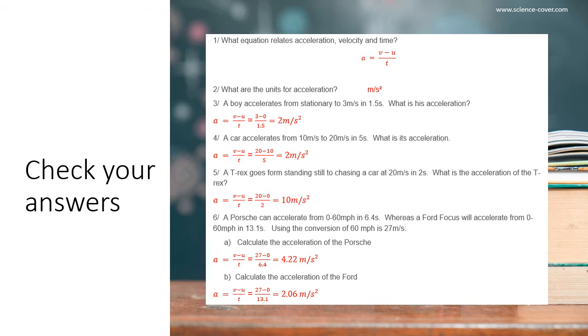In number 4, the acceleration of the car is 2 meters per second squared. In number 5, the acceleration for the T-Rex is 10 meters per second squared. In 6a, the acceleration of the Porsche is 4.22 meters per second squared. And in 6b, the acceleration of the Ford is 2.06 meters per second squared.